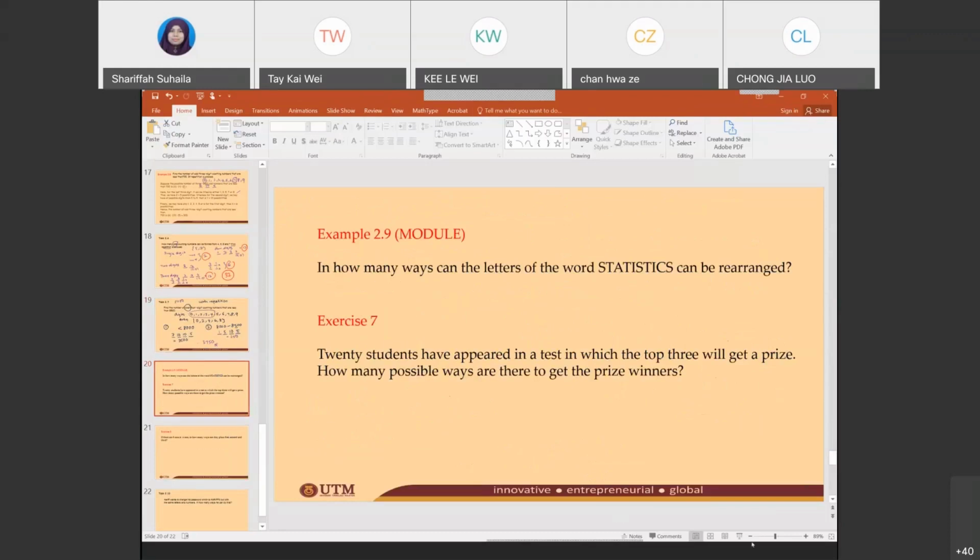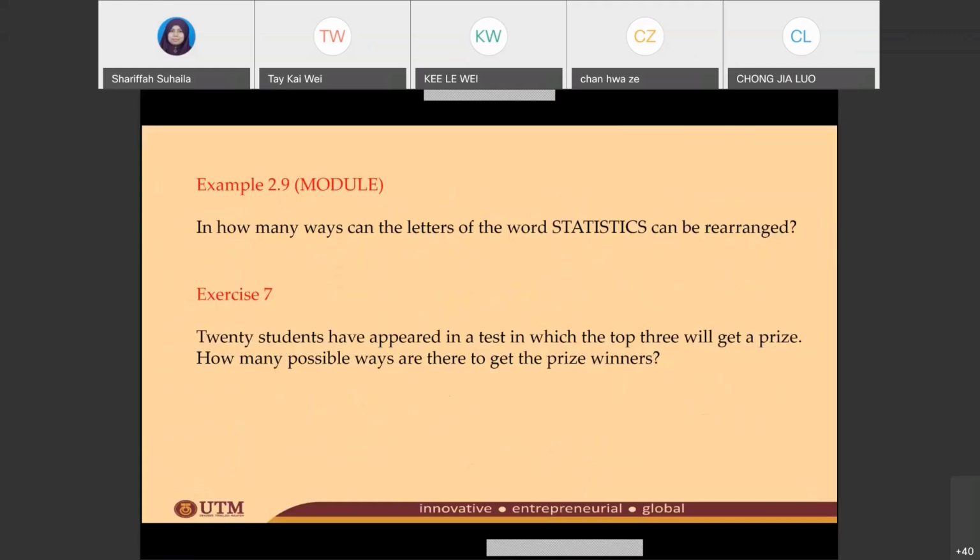Task 2.8 just calculates the number of ways 8 people can be seated on a bench if only 5 seats are available, so that means 8P5. For task 2.9, you have 20 students, of which the top 3 will get a prize. How many possible ways? Again, you have 20P3. This is exercise 7.